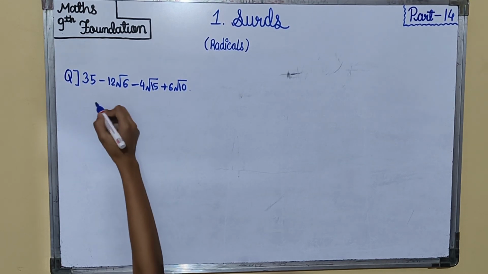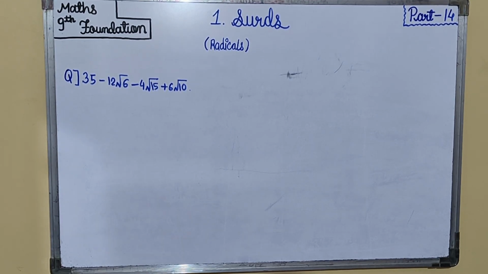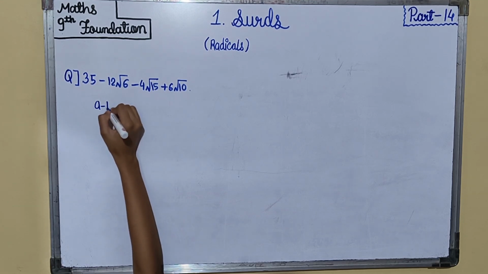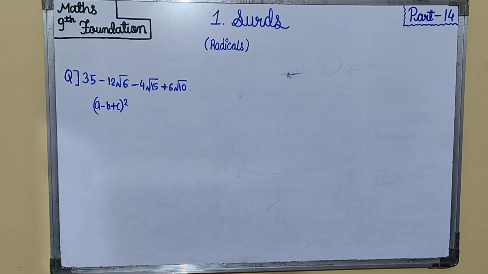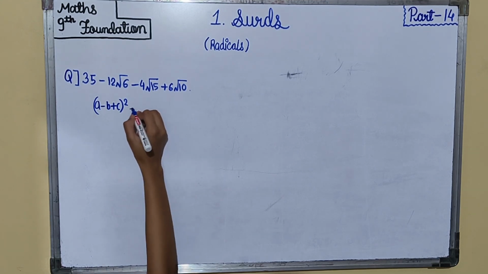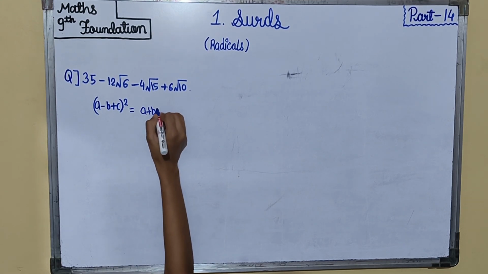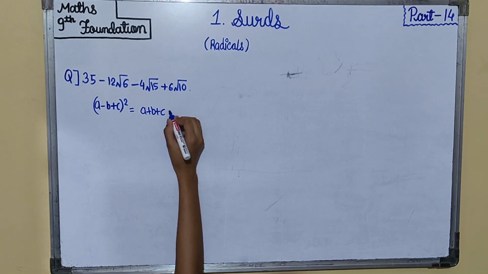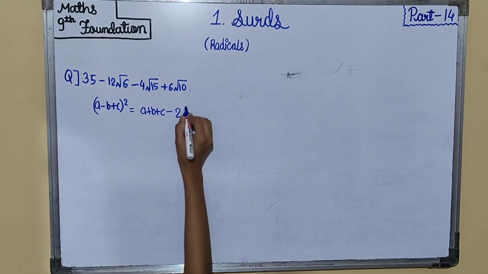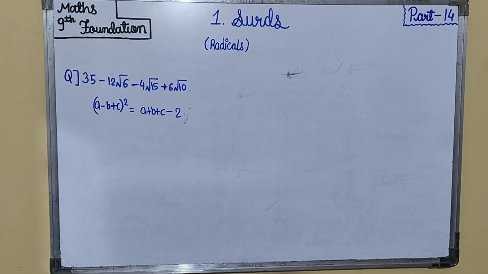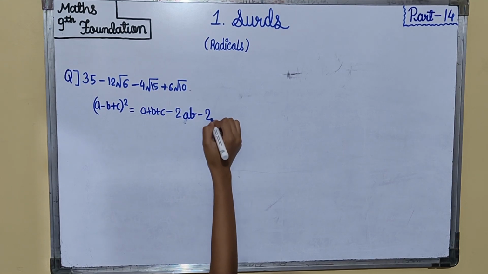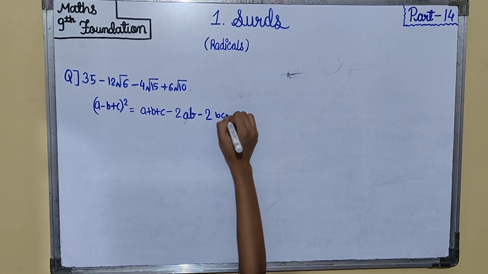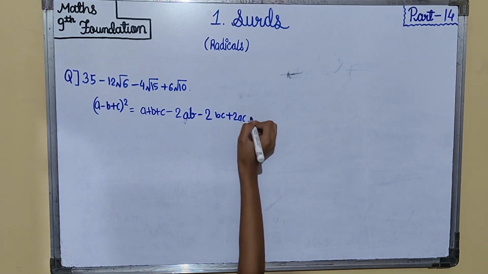This identity is (a minus b plus c) whole square, which is equal to a square plus b square plus c square minus 2ab minus 2bc plus 2ac.